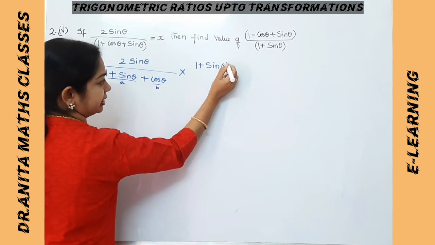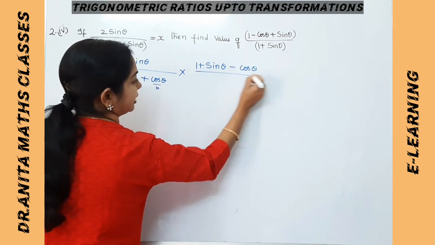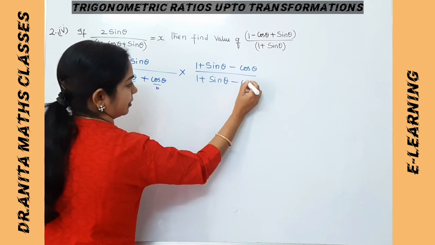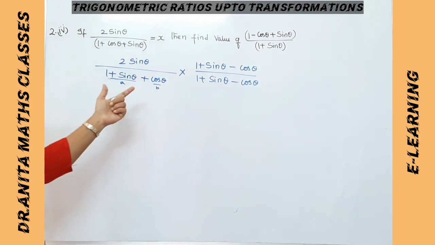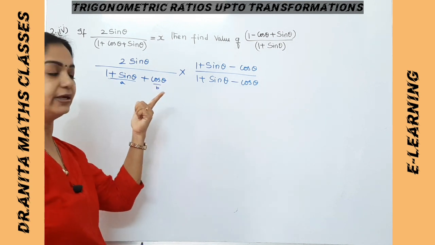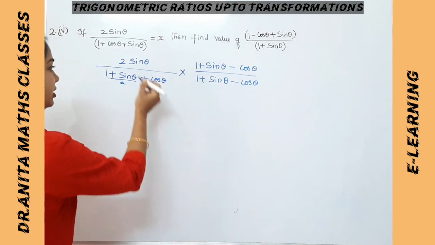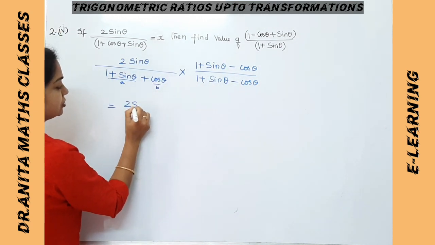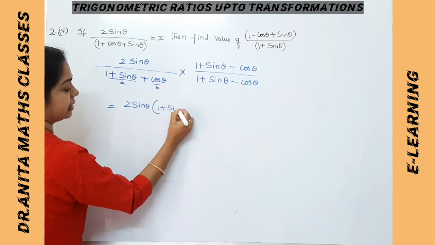The conjugate is 1 plus sine minus cos theta by 1 plus sine minus cos theta. This is the conjugate, or else we can call it RF, that is, a rationalizing factor of the denominator. I am multiplying and dividing with the same thing. So here, if you multiply in the numerator, we get 2 sine theta multiplied by 1 plus sine minus cos.